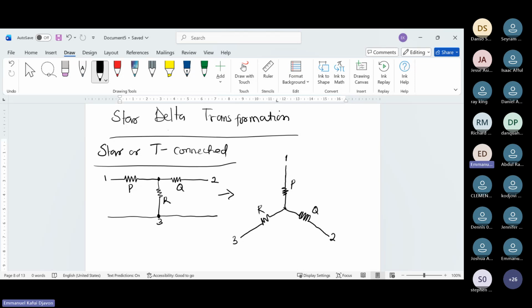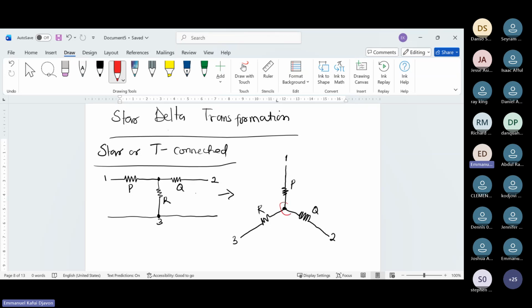Now, in a three-phase network, you see this point here. In an electrical network, this one gives us the neutral point in the circuit. That is how we get the neutral point in an electrical network.